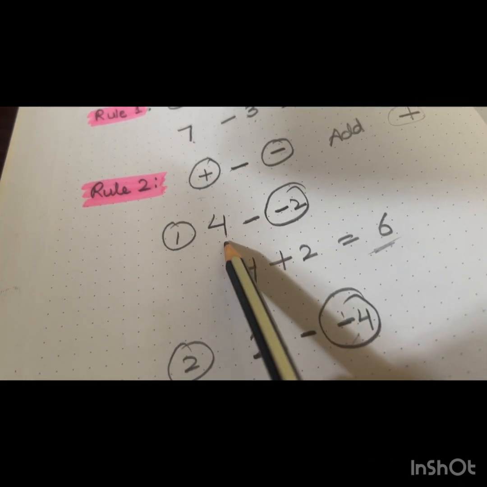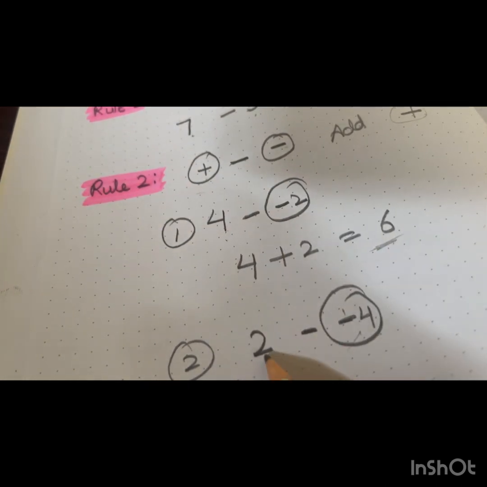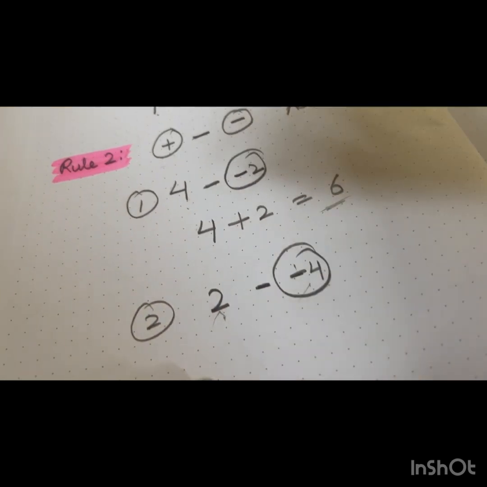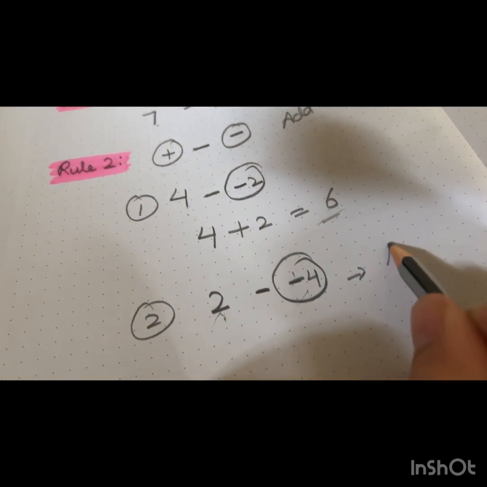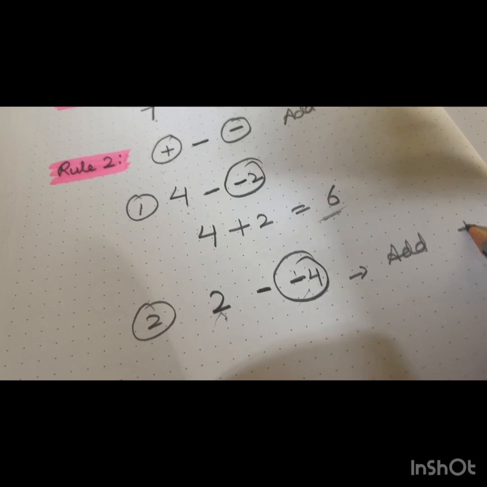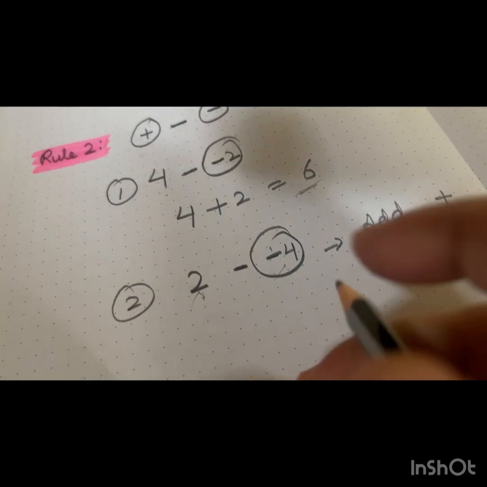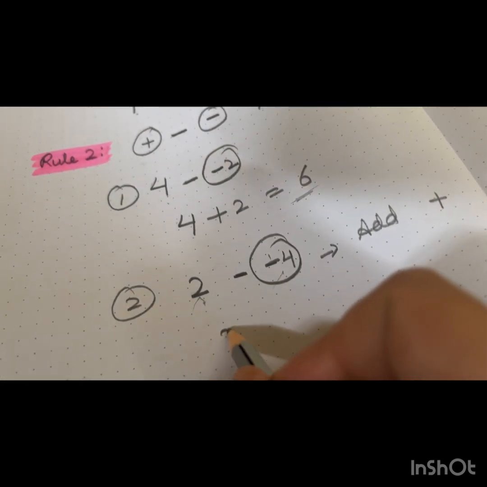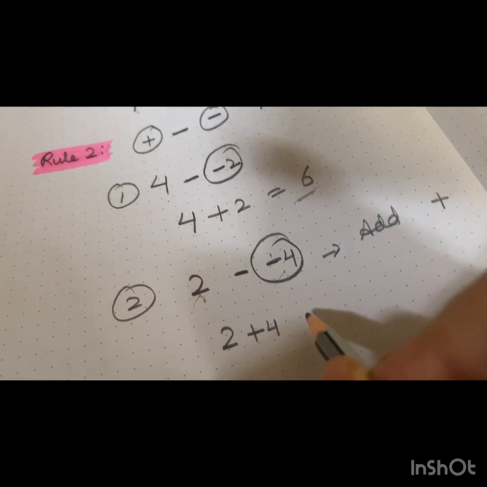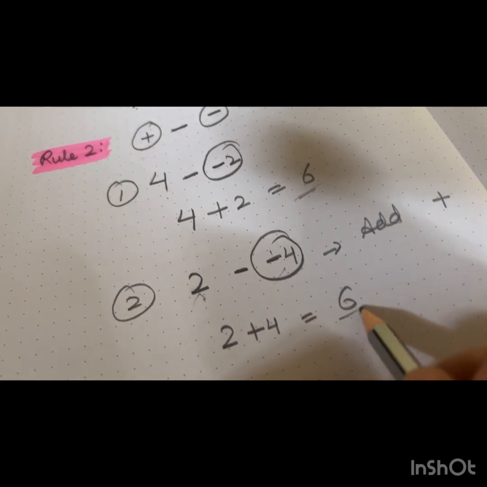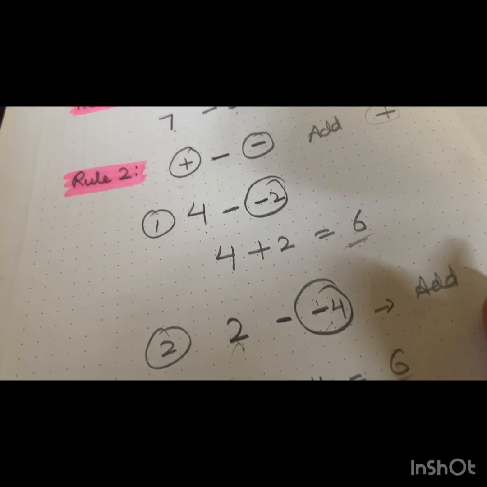Firstly, I had taken the positive integer as a bigger number. Now I have taken the positive integer as a smaller number. Still, we are going to add both of them, and the sign we apply before the answer is plus. So again, we are going to add them, and the answer again will be plus 6. So this was rule number 2.